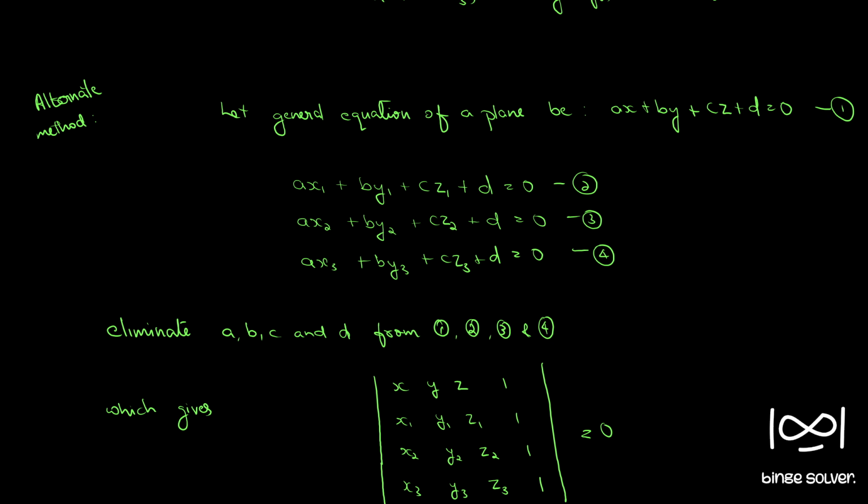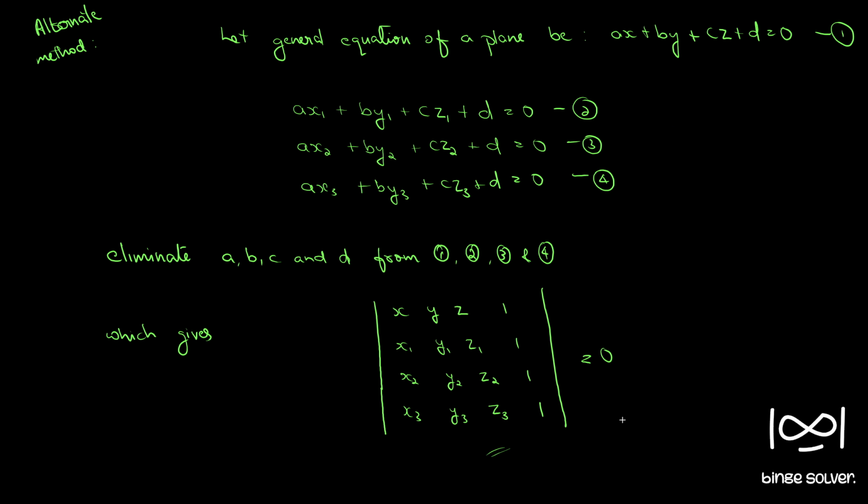If you solve using the matrix method, you will get this as the equation: the determinant of x, y, z, 1, x1, y1, z1, 1, x2, y2, z2, 1, x3, y3, z3, 1 equal to 0. So the determinant of this 4 into 4 matrix will give the required equation.